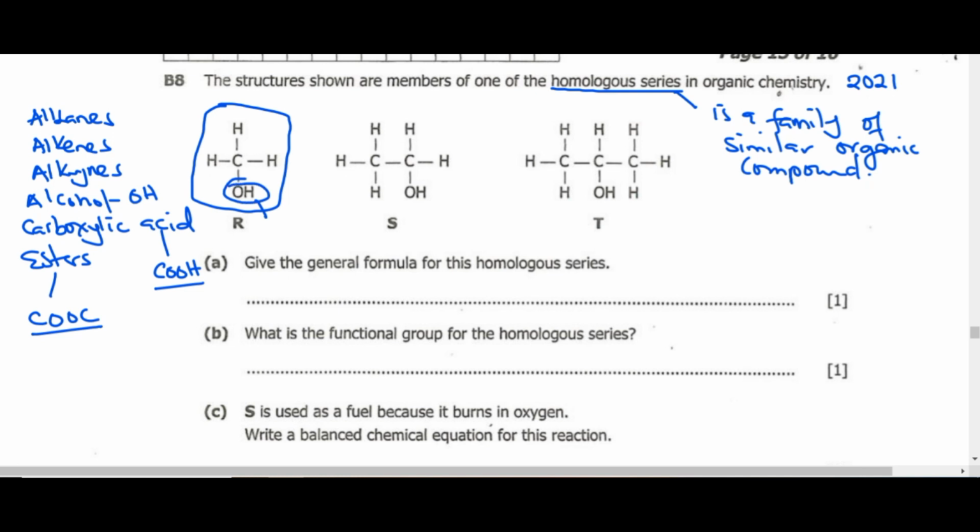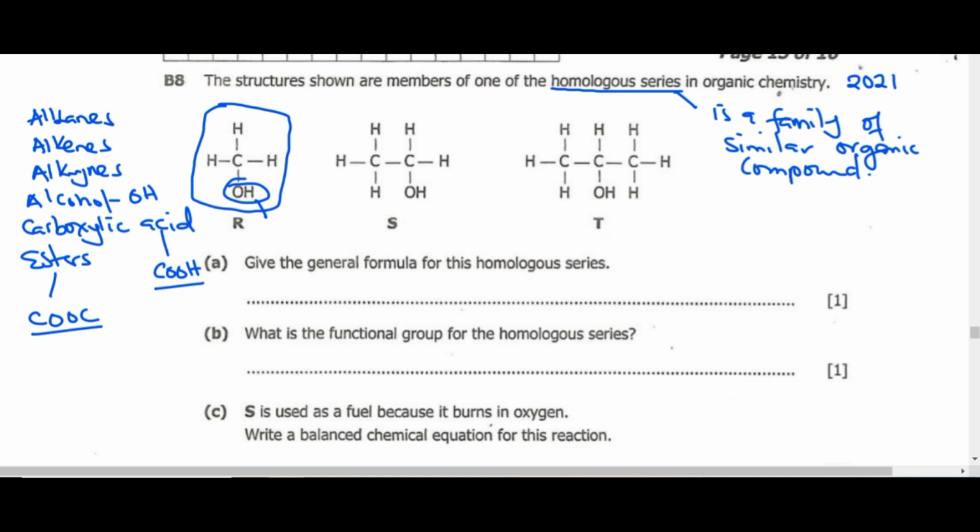Because here we have hydroxide, this hydroxide will help us know the general formula for the homologous series. We have to write the general formula for the question which has been asked.